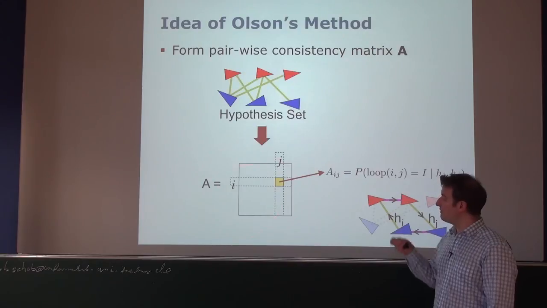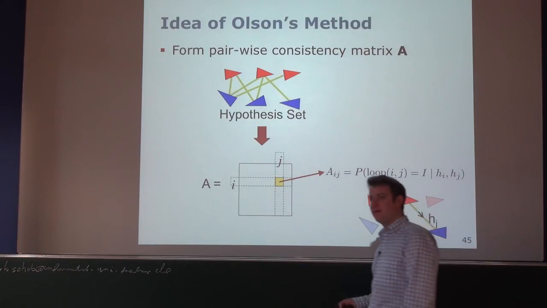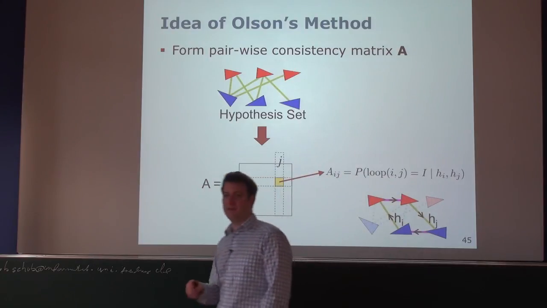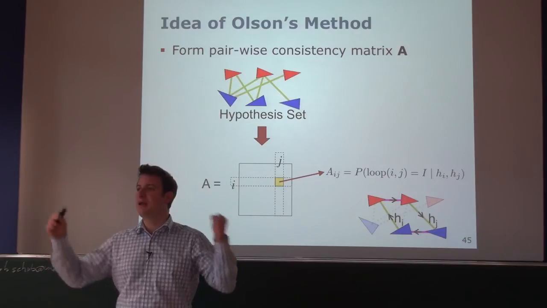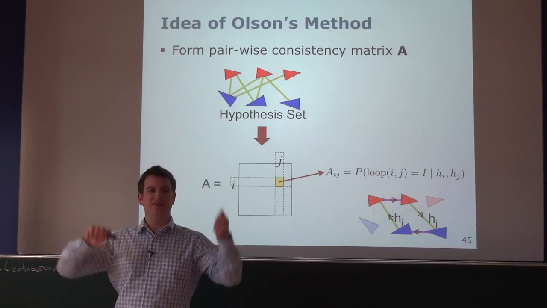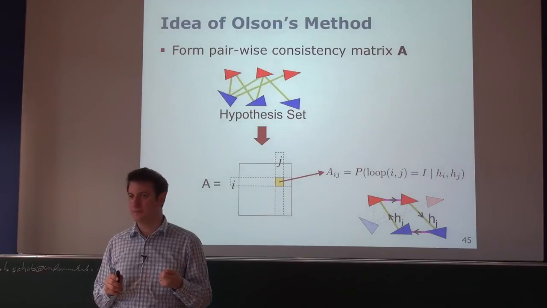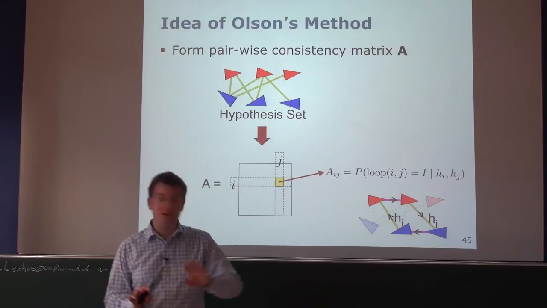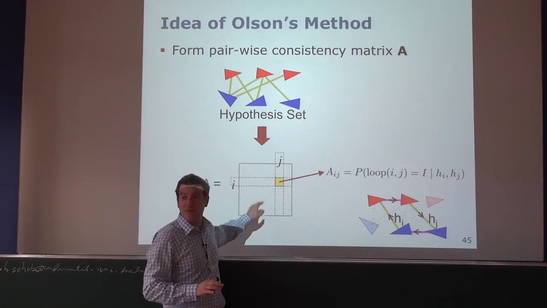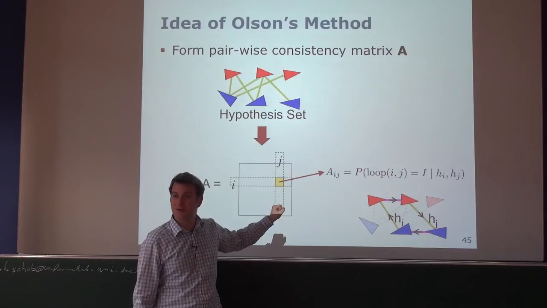So what you end up with is a matrix with those values in here, some elements with high values and some elements with small values. And this is just the matrix which tells me how well individual hypotheses agree with each other pairwise. Okay? It needs to be clear to everyone what this matrix means, because we will need it later on, and if you don't understand what the matrix means, it will be hard.